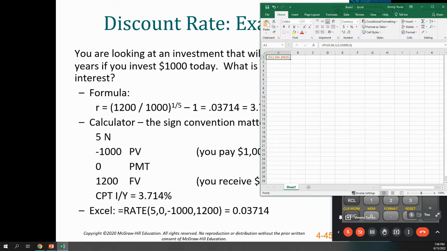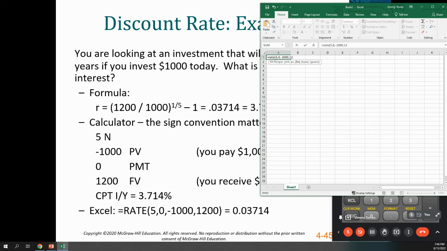Now finally, let's do the rate function in Excel. The number of periods is 5. Payments is, of course, 0. In this case, my present value I'll make negative.